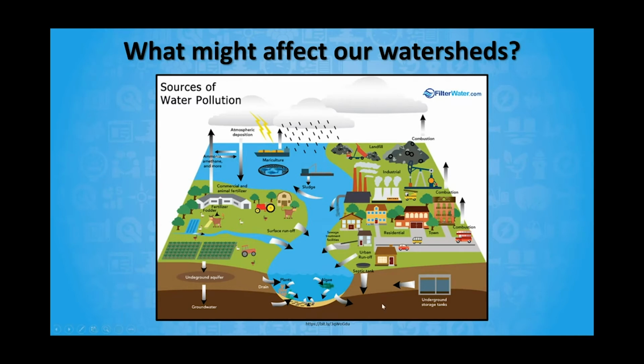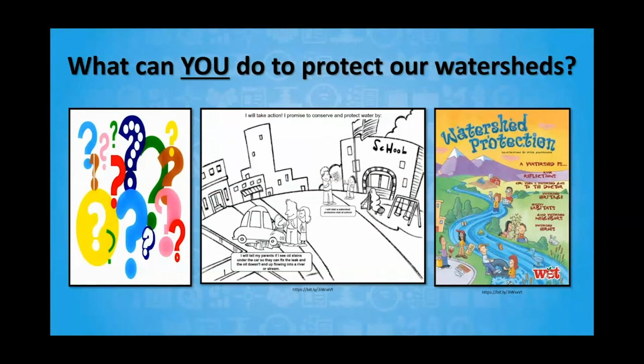So what you're seeing here in this PowerPoint, just like we demonstrated with our models today, you're actually seeing pollution from residents here. You're seeing pollution from fertilizers, industrial pollution, all of those different things. So those are all things that we can find out can affect our watersheds.